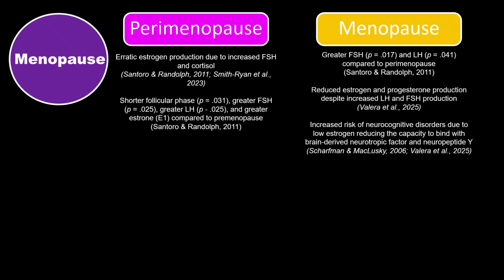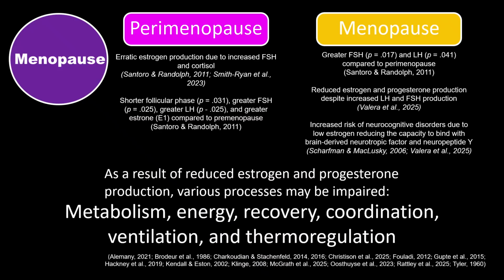And there's also an increased risk of neurocognitive disorders because, as mentioned earlier, estrogen may very well have neuroprotective effects. And when you take estrogen away, you lose that protection. And of course, after you look at all the various effects that estrogen and progesterone have, when you reduce their levels, you will see impacts on metabolism, energy, recovery, coordination, ventilation, and thermal regulation, as well as a risk of various health conditions, as we mentioned: sarcopenia, cardiovascular disease, osteoporosis, metabolic syndrome.